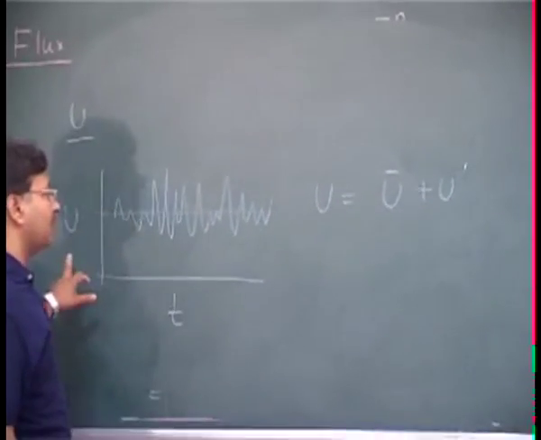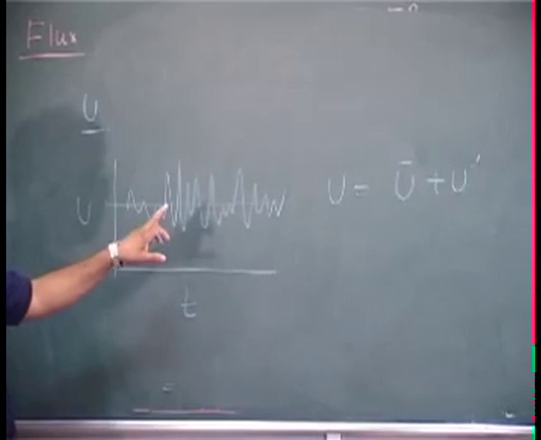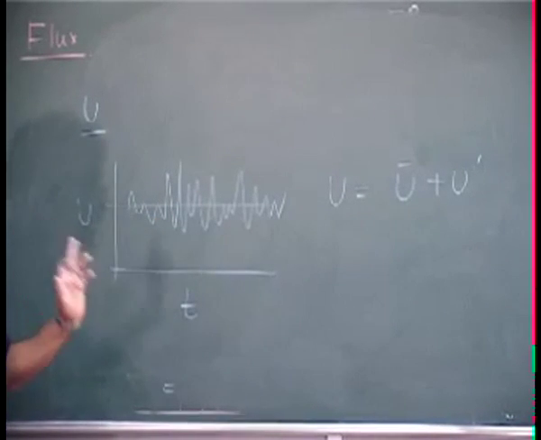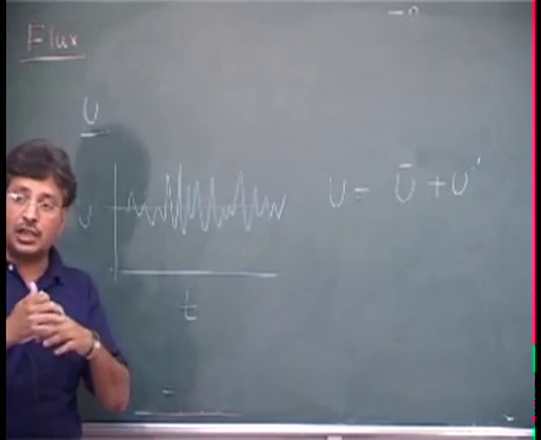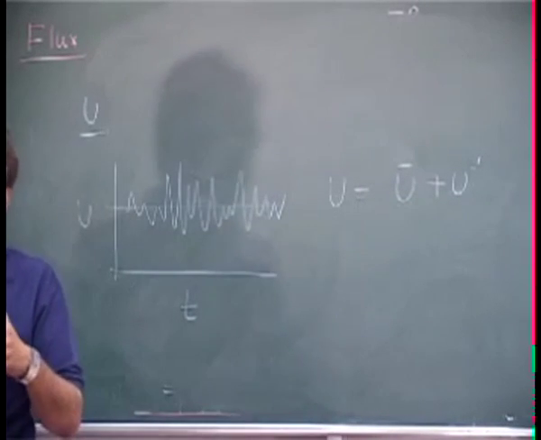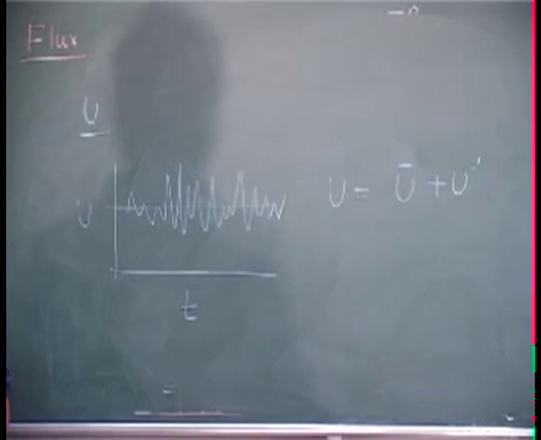Okay. So that is the situation which exists. So this will not create a steady state condition, this will add to the diffusion part. So diffusion will be much more.